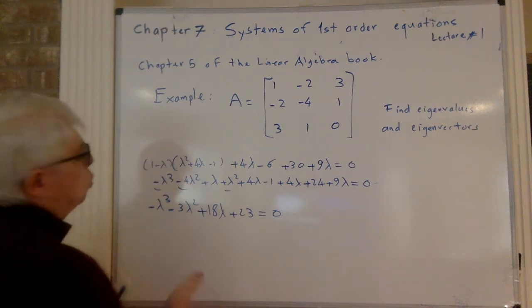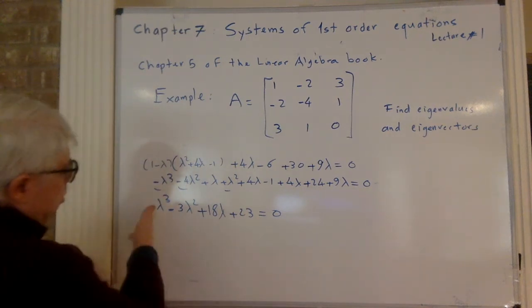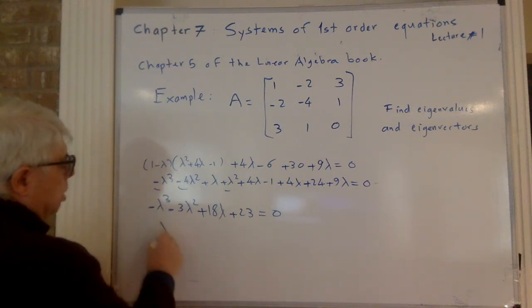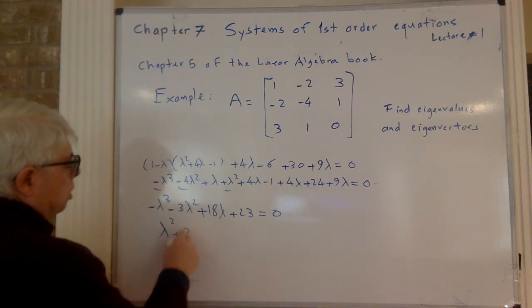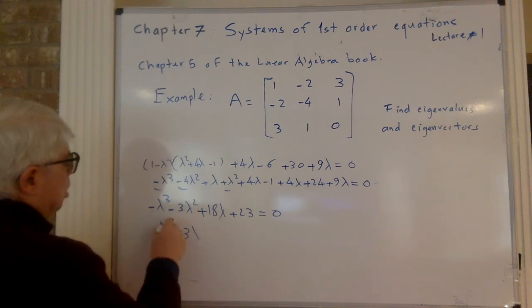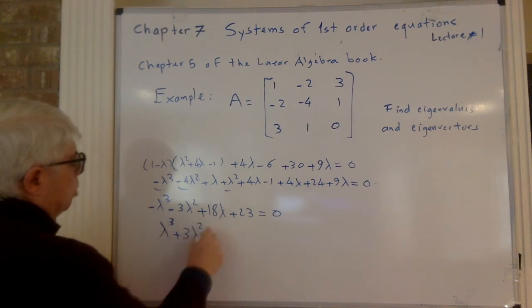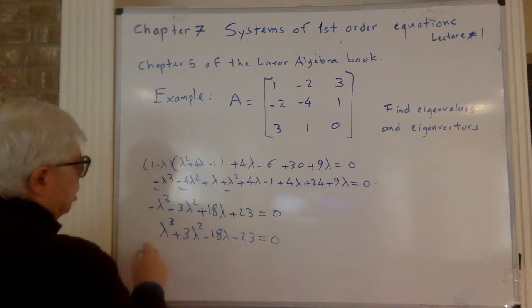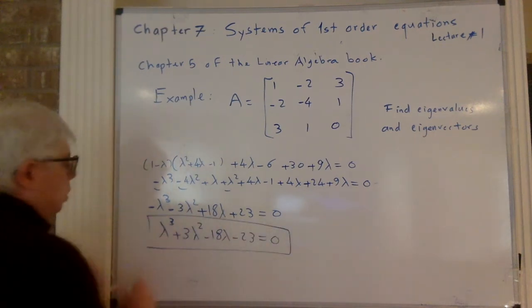So I multiply this by negative 1, so I will get lambda cubed plus 3 lambda squared minus 18 lambda minus 23. Okay. Now I have to solve this to find lambdas.